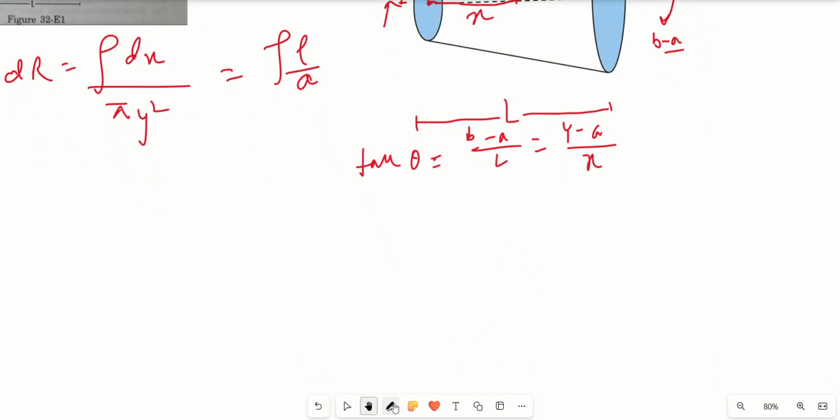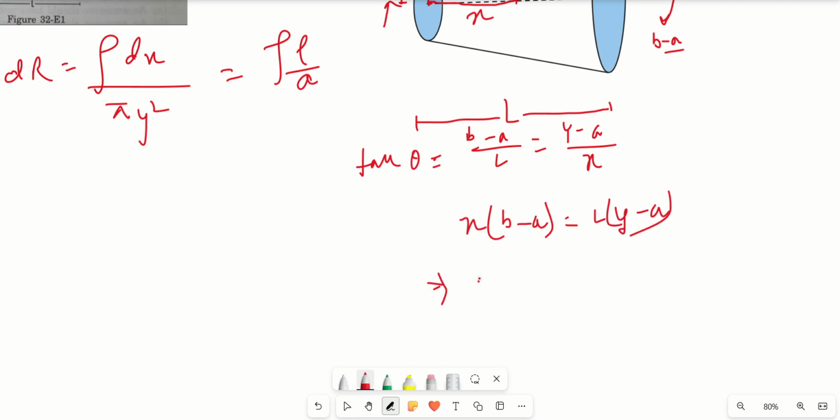So if we find the value, x times b minus a will be equal to L times y minus a. It will be bx minus ax equals Ly minus La.